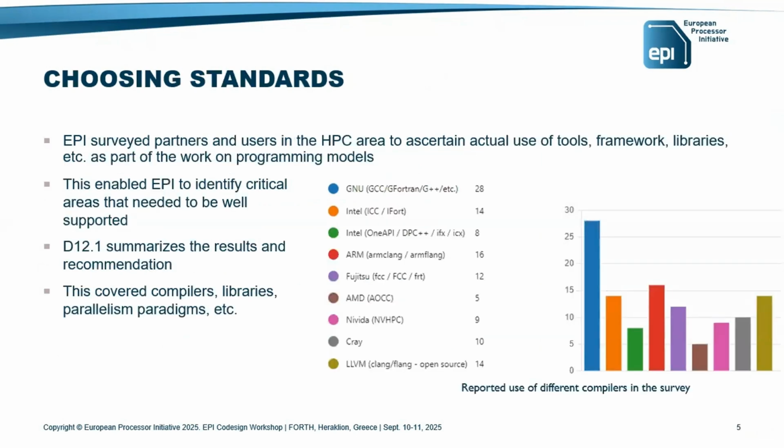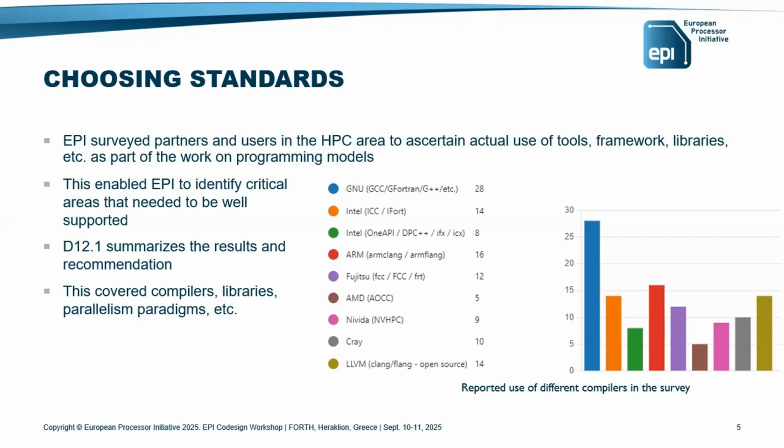In fact, the problem was to select which standards are important to support. And so we did a survey around all the partners in the HPC area to check which tools, frameworks, libraries they are using, and try to understand what is used, what is not, compared to what could be needed.